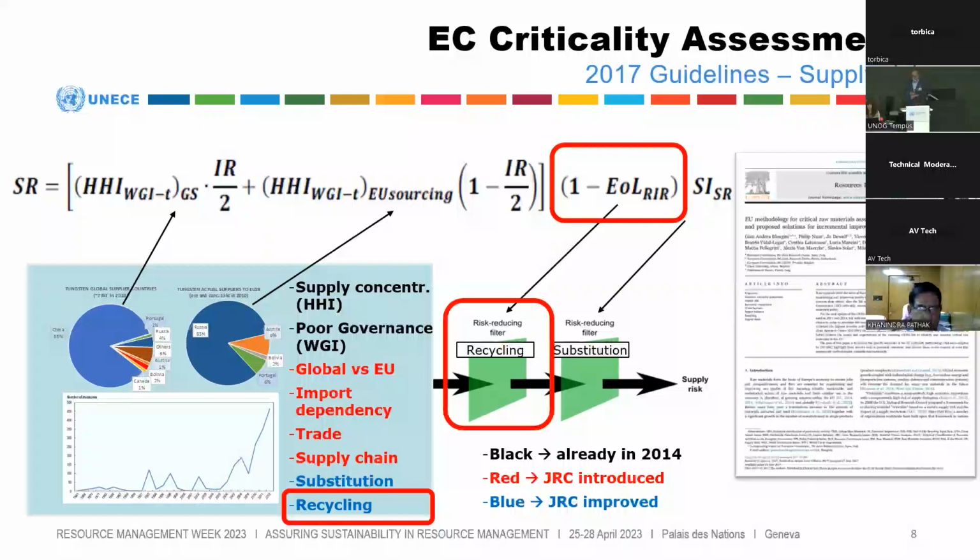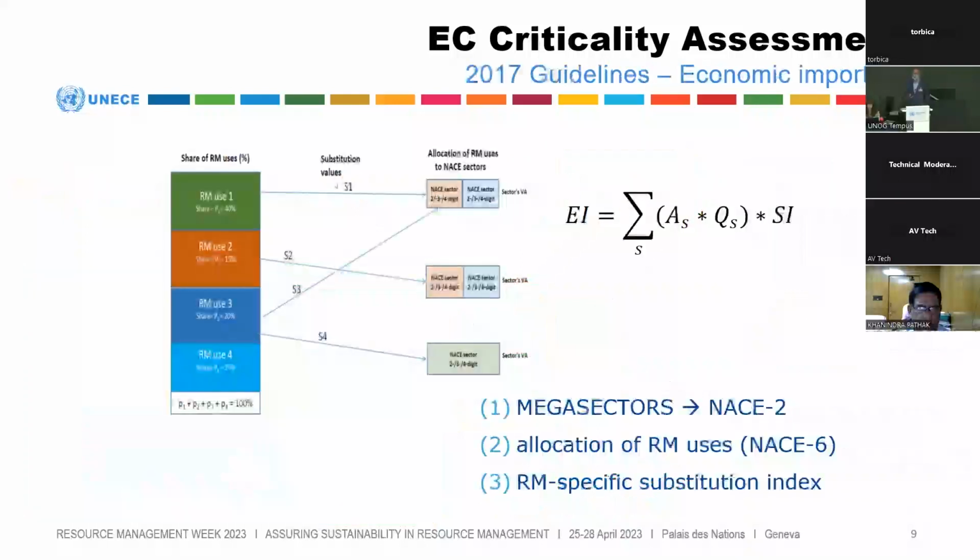Then this calculation is further expanded with another mitigation element, the supply risk mitigation factor, which is substitution, calculated through a guided methodology, and this completes the overview of the supply risk calculation according to the European Commission methodology. I think these are the most interesting elements that we want to keep for the final discussion.